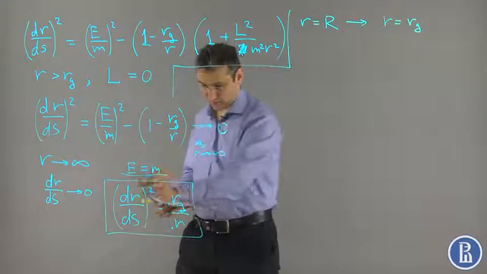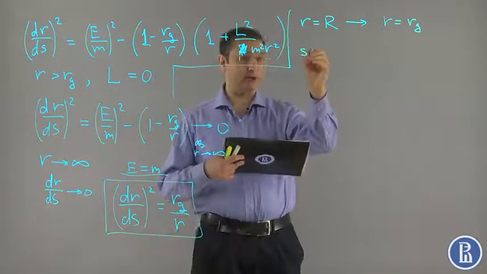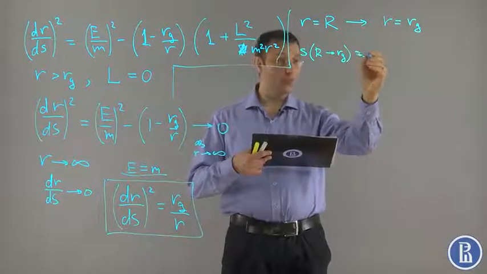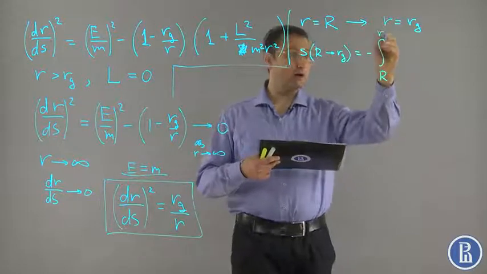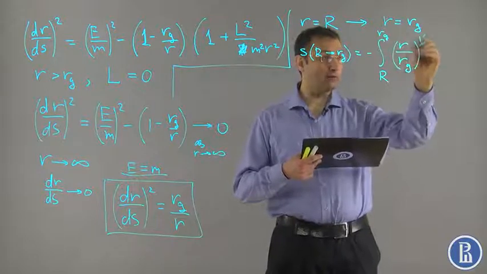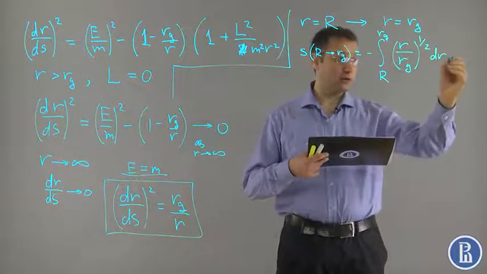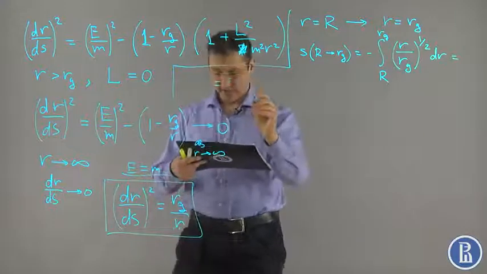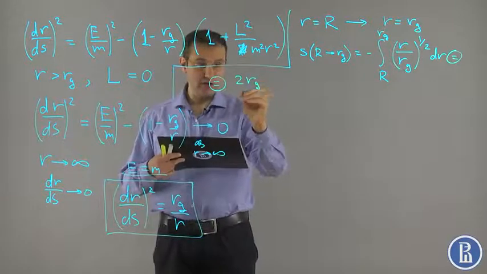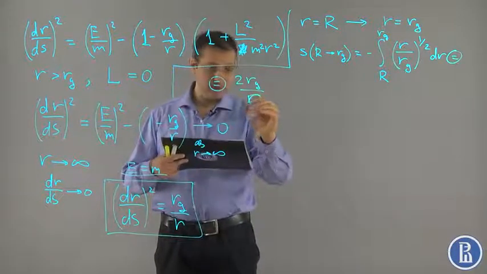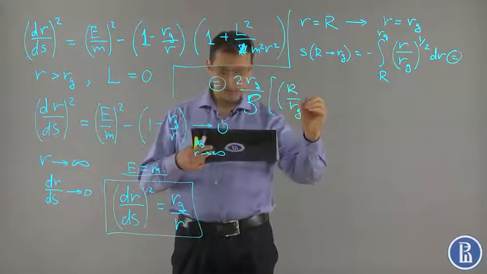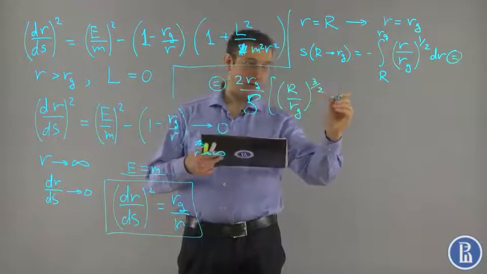From this equation we can find that the proper time necessary for this free fall is equal to the integral of −(r/r_g)^(1/2) dr. Taking this integral, we find this time to be (2r_g/3)[(r/r_g)^(3/2) − 1].